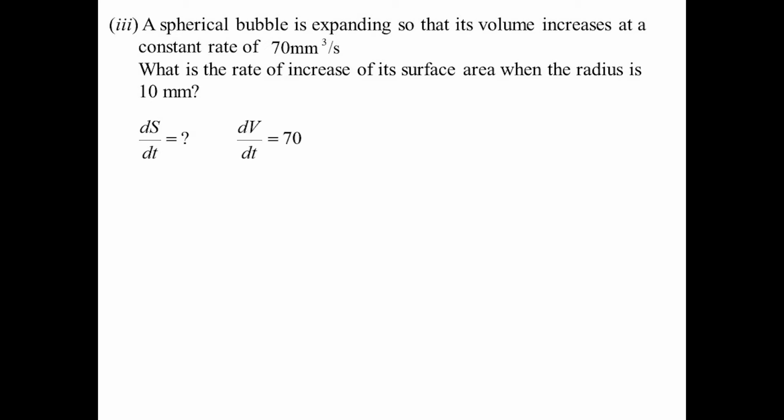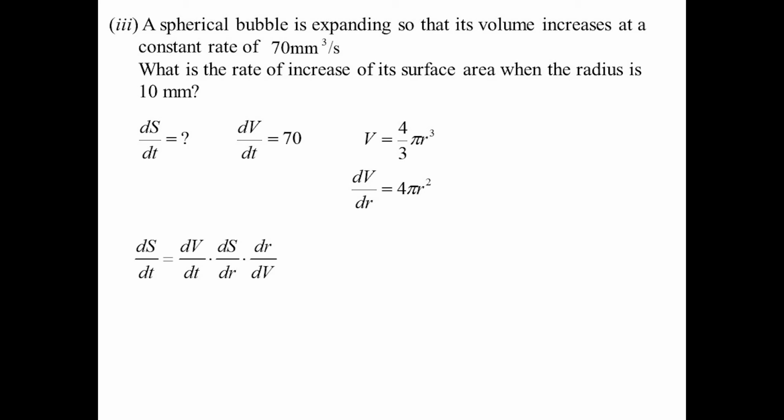They've given me dV/dt. dV/dt is 70. So if we could link volume and surface area, well, that's not quite as easy, but what I can do is link surface area with radius. I can also link volume with radius. So this time if I use 3 different rates, I can come up with a formula. So let's find all those.